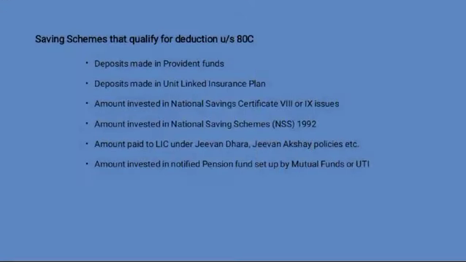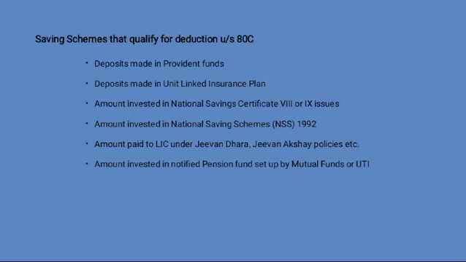Then let us start with the various saving schemes that qualify for deduction under Section 80C. First saving scheme that qualifies for deduction under Section 80C is the deposits made in Provident Funds. Provident Fund is an investment fund that is established by employer and employees to serve as long-term savings to support an employee's retirement.